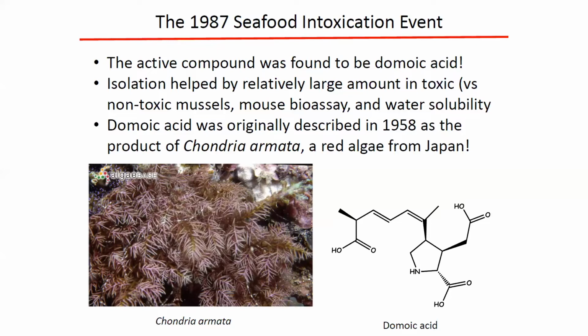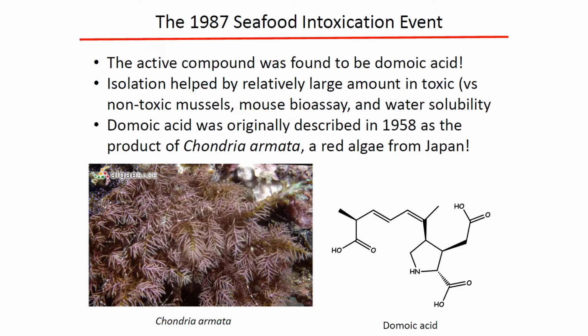Instead of using cell-based assays like we do now, they were separating out the mussel extracts into different chemical groups. We'll talk about this type of method later in the talk. As they separated out these groups of chemicals, they were injecting them right into mice, looking to see if the mice had those same neurotoxic effects.